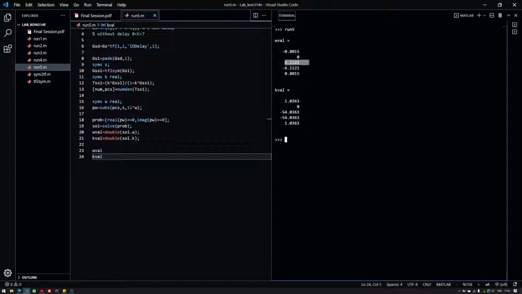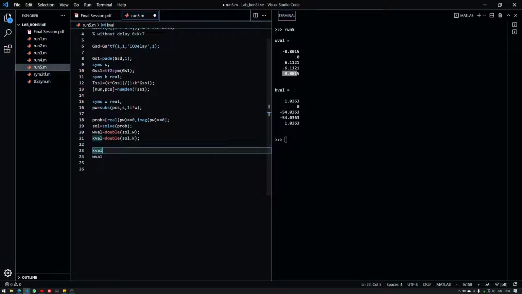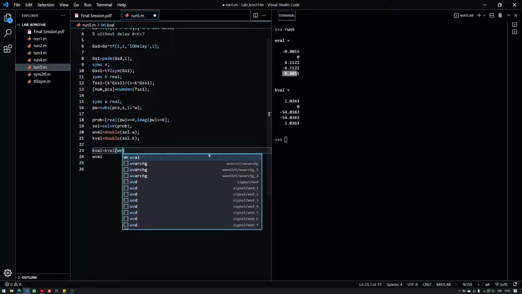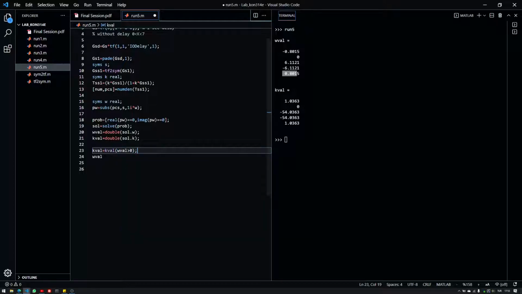We have 0, we have 6.11 and 0.8015. So of course, now we should get rid of the unnecessary values. Omega val should be positive. For those indices, we should reduce it to done.